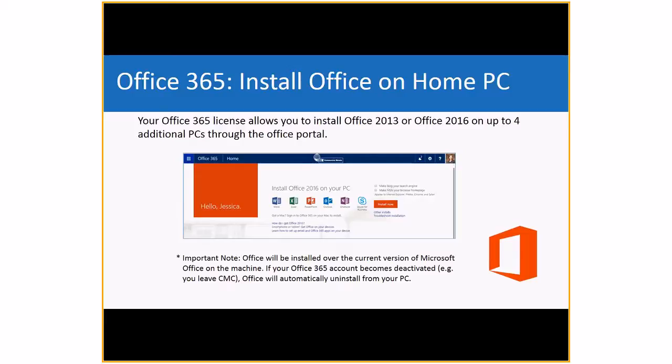If your Office 365 account becomes deactivated, if you leave CMC, Office will be removed from your PC, and then you will have no version of Office on these 1 to 4 additional PCs. So just be aware of that. There's a lot of convenience, but there is also a little bit of a risk with that. So you would possibly have to purchase your own Office again if you were to leave CMC.